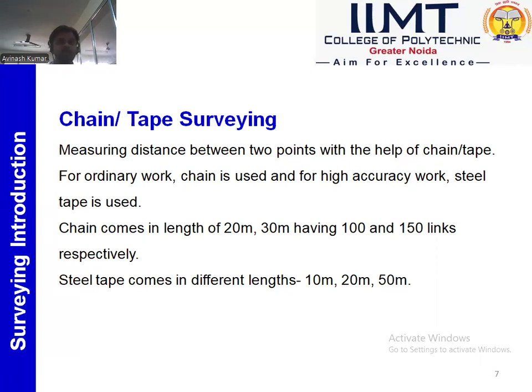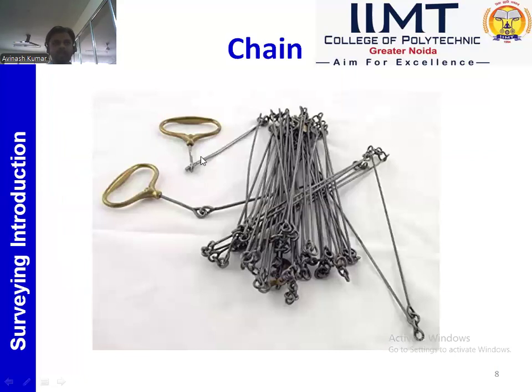And now this 20-meter chain has become more than 20 meters, then our calculated distance will be wrong. Chain comes in two variants, 20-meter and 30-meter. In the 20-meter chain, there are 100 parts, and in the 30-meter chain, there are 150 parts. And each part is called a link. Steel tape comes in different variants like 10-meter, 20-meter, and 50-meter. So this is a chain, and you can see the different links.